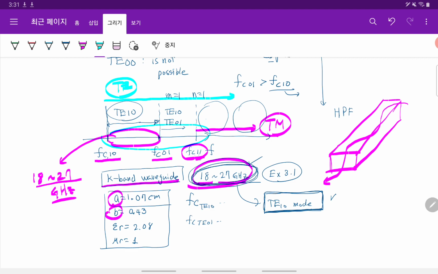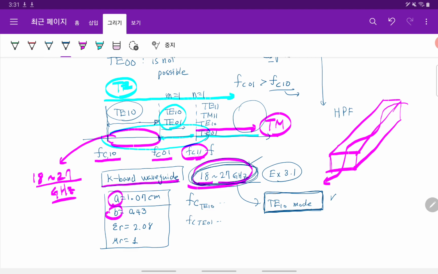Then what does it mean? In this frequency range, there are two modes. And then at higher frequency there is TE11 mode possible, and TM11 mode is also possible. So TE10 and TE01 are the default. As frequency goes up, more modes are possible.